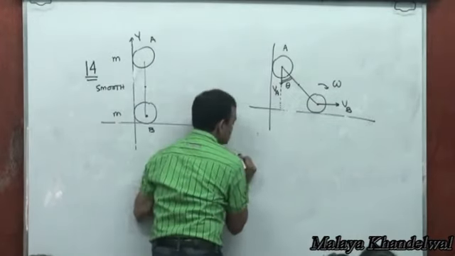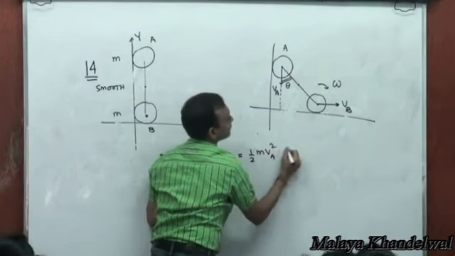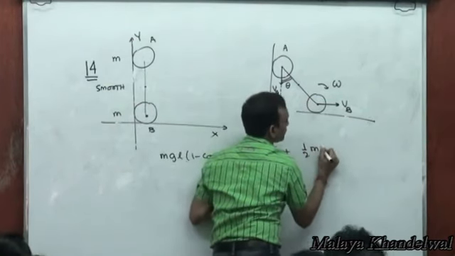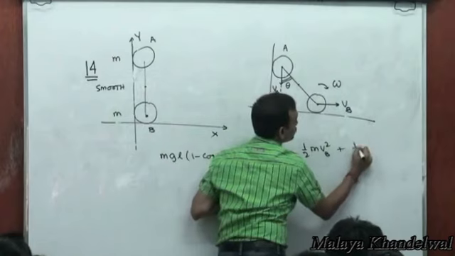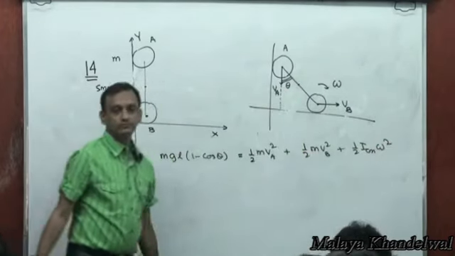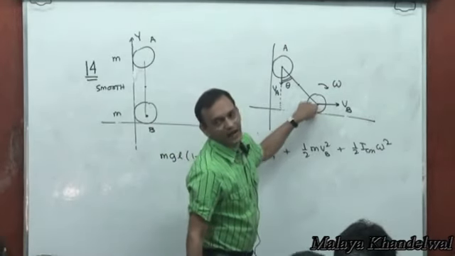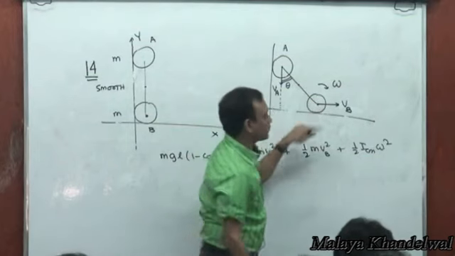So this must have gone towards half m VA squared plus half m VB squared, plus kinetic energy of rotation also, half ICM omega squared, where omega is VB by R.